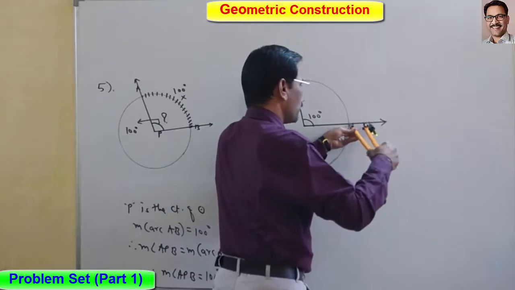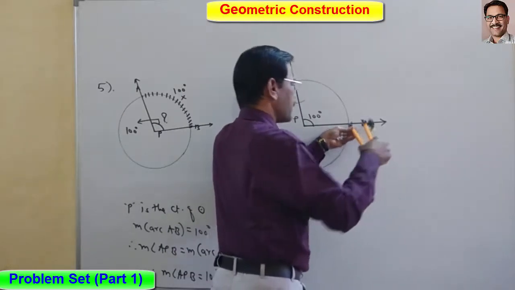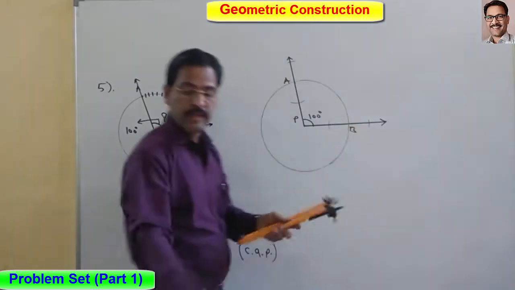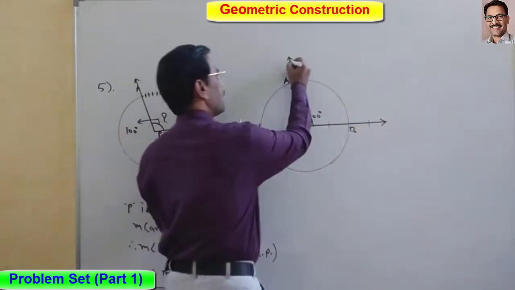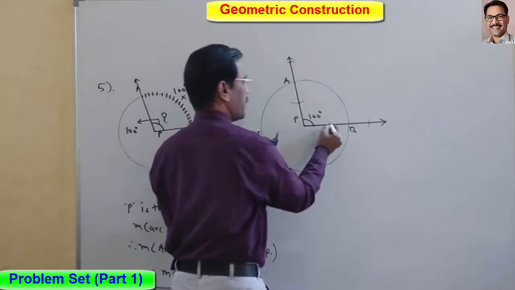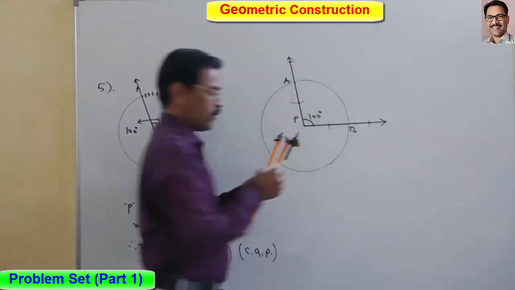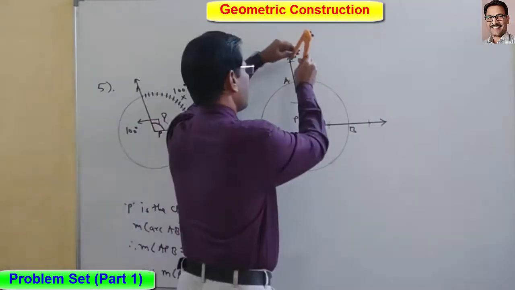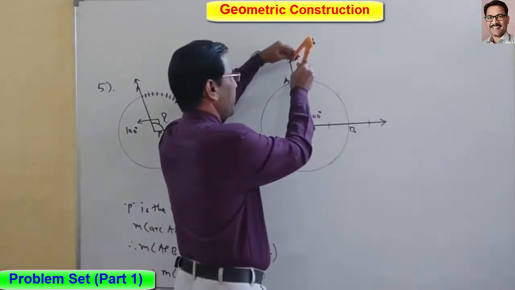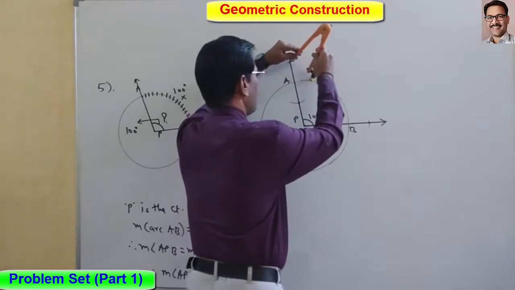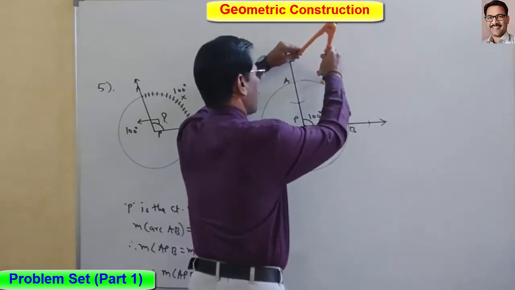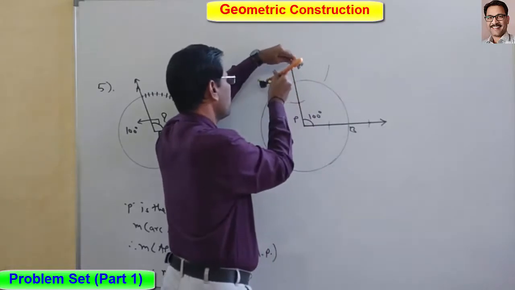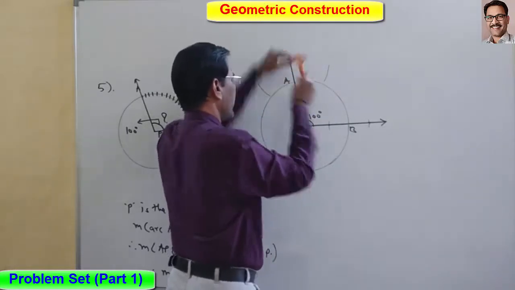We have to draw the two arcs here. Here these are the points we'll get, 1, 2, and here also 1, 2. Now I'll extend the distance in the compass. That should be more than half of this one. Now look here. I'll take some more distance. From both sides, I'm going to draw the arcs here.